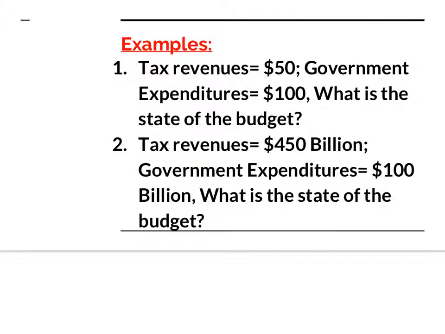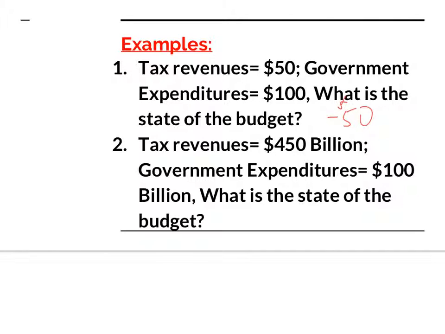So just going back to the basics, if tax revenues are 50 and government spends 100, what is the state of the budget? Revenues are 50, expenditures are 100. That would mean that the budget is in deficit to the tune of $50, or the budget line is negative 50, as revenues are less than expenditures.